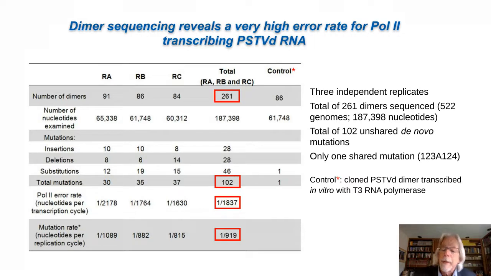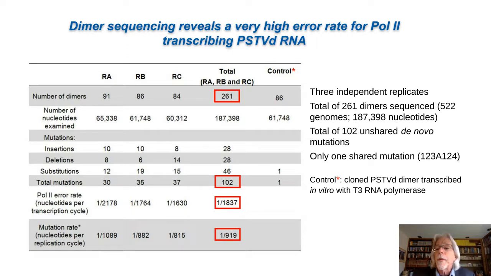Now, this is a lot of numbers on this table, but I'll talk you through it, sort of summarize things. Each of these replicates had similar numbers of dimers sequenced, including a control on the right with the red asterisk. So in total, in the red boxes, we sequenced a total of 261 dimers, which is more than 500 genome equivalents, and more than 187,000 total nucleotides.